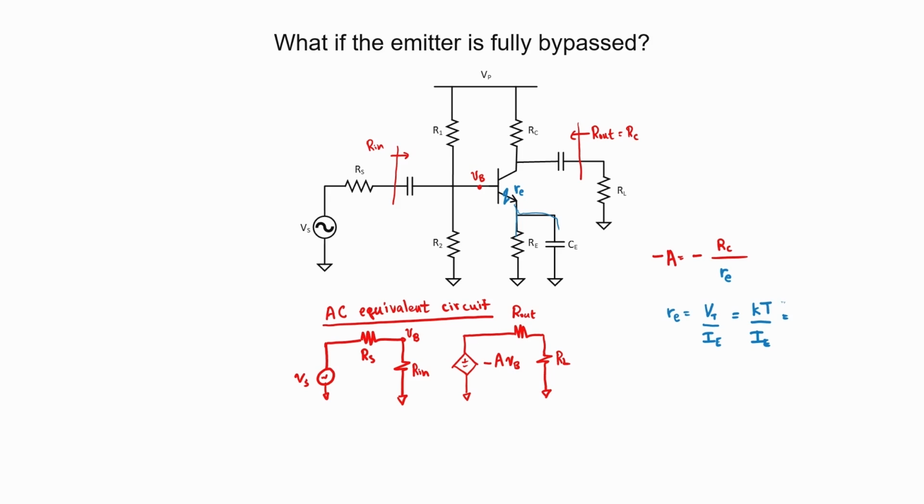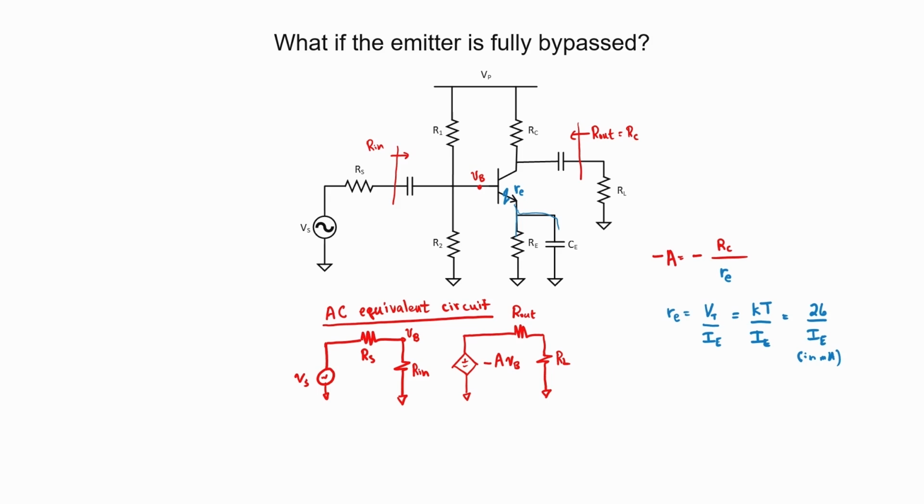At room temperature, this constant in the numerator works out to about 26 millivolts. If you express the DC emitter current in milliamps, then you can just remember the formula 26 divided by I sub E in milliamps. That'll give you the emitter resistance R sub E. For example, if your emitter current is 26 milliamps, then your R sub E is just 1 ohm.